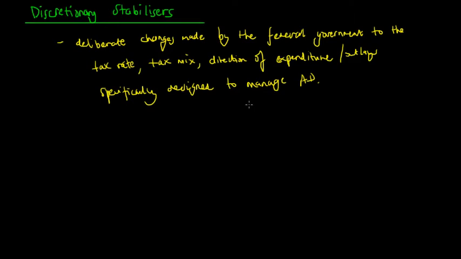Now, the treasurer uses discretionary stabilizers to manage aggregate demand when automatic stabilizers are inefficient too.